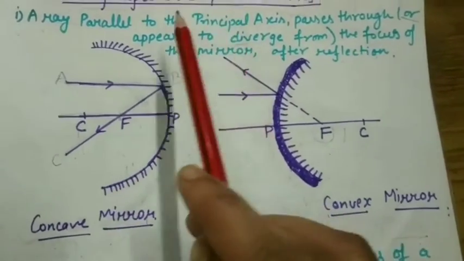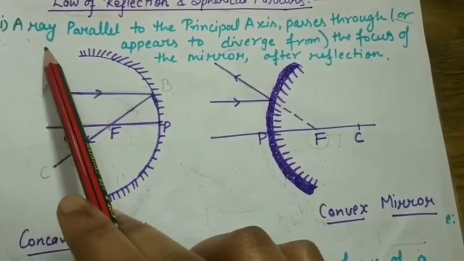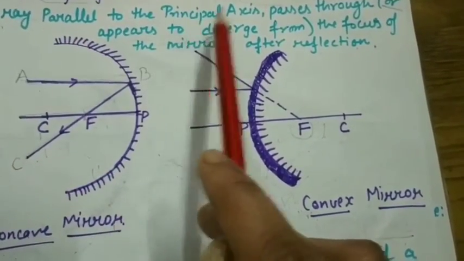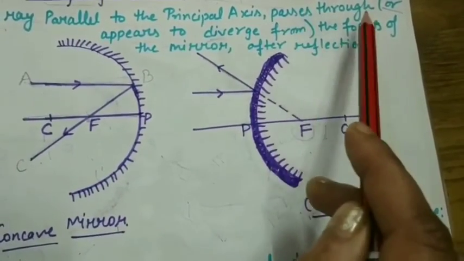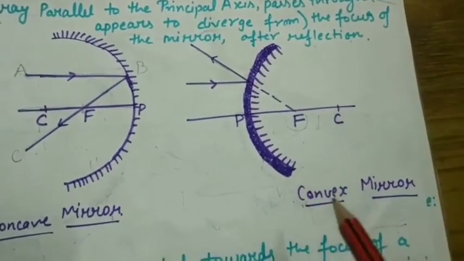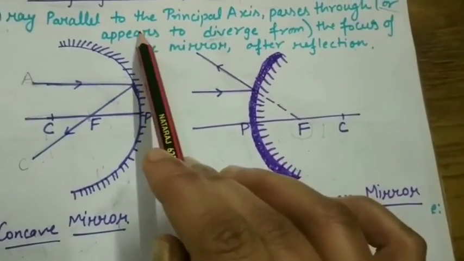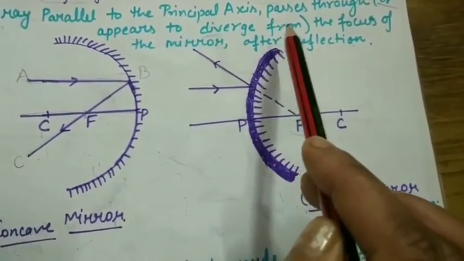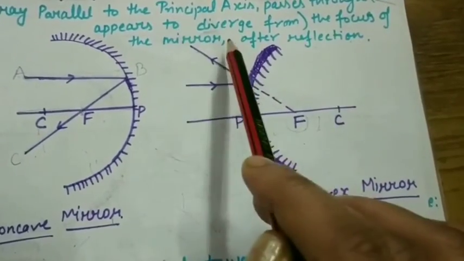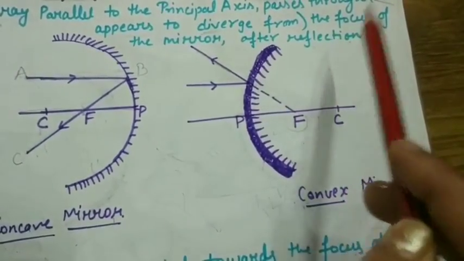The first law says a ray parallel to the principal axis passes through, or in the case of a convex mirror, appears to diverge from, the focus of the mirror after reflection.